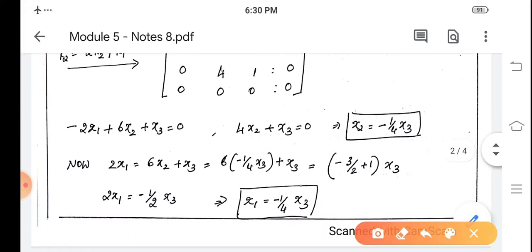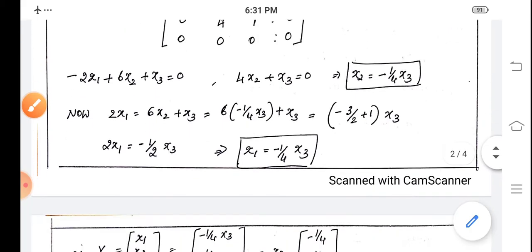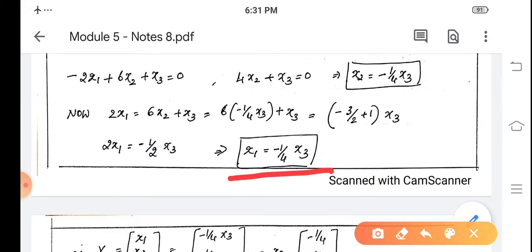Now we have minus 2x1 plus 6x2 plus x3 equal to 0, so 2x1 equal to 6x2 plus x3. Substituting the x2 value, it is 6 into minus 1 by 4 x3 plus x3, that is equal to minus 3 by 2 plus 1 x3. So x1 is minus 1 by 4 x3.